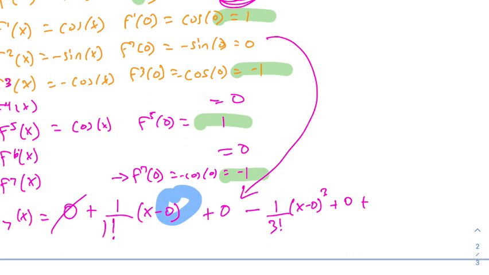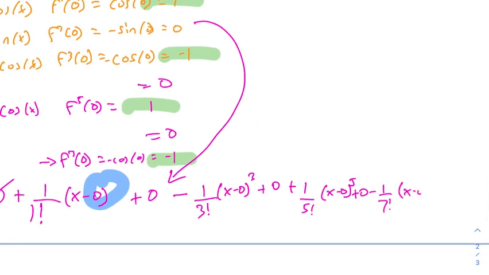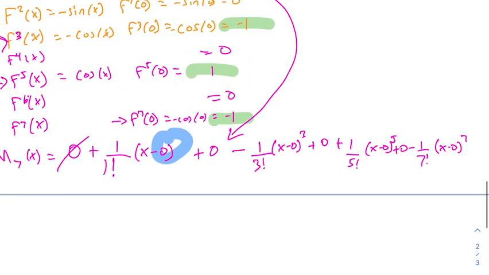And then the fourth derivative is 0. The fifth derivative is back to a positive 1. 5 factorial x minus 0 to the fifth. Sixth derivative is 0. And then the seventh is back to a negative 1. Minus 1 over 7 factorial x minus 0 to the seventh.